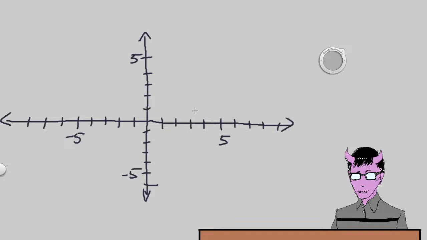And the graph is given 1, 2. So let me colorize this. So we have this particular point right here. It's going to be 1, 2. And then we have a point there and a point there. What else do we have?